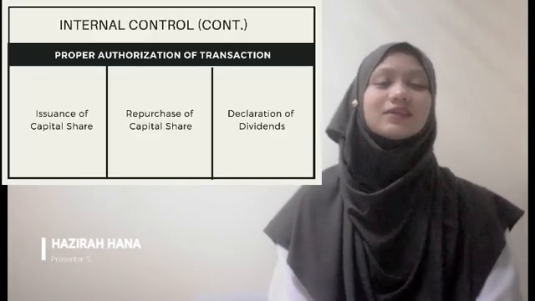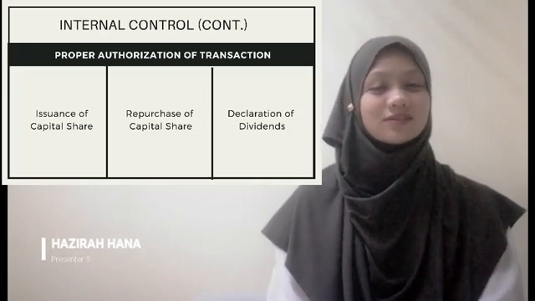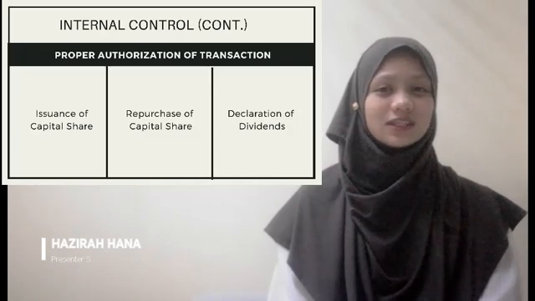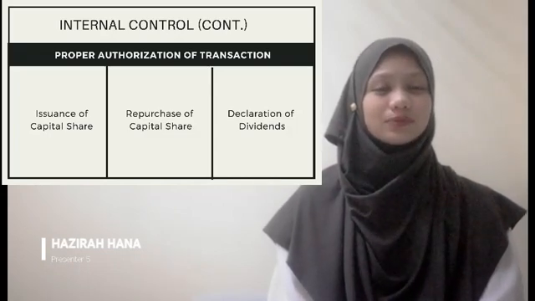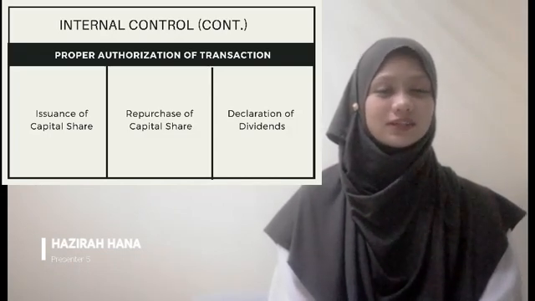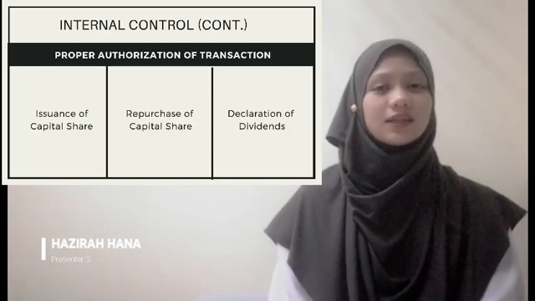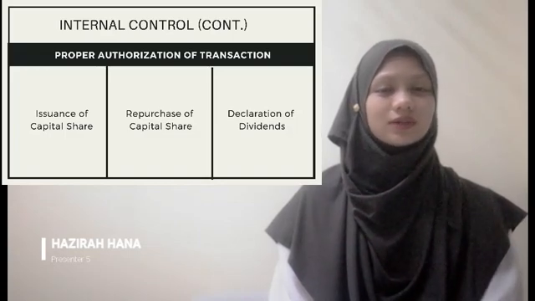In proper authorization of transactions, each owners' equity transaction must get approval from the board of directors. There are a few types of transactions that need proper authorization from the board of directors.